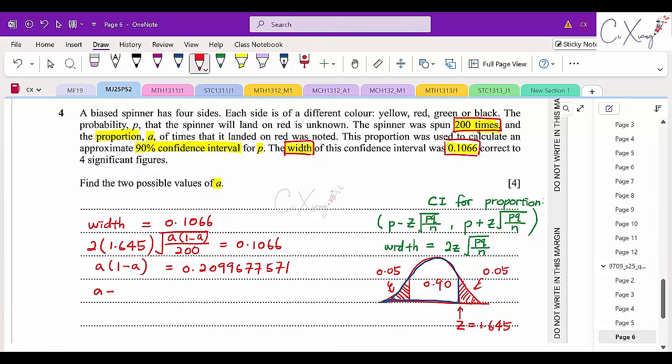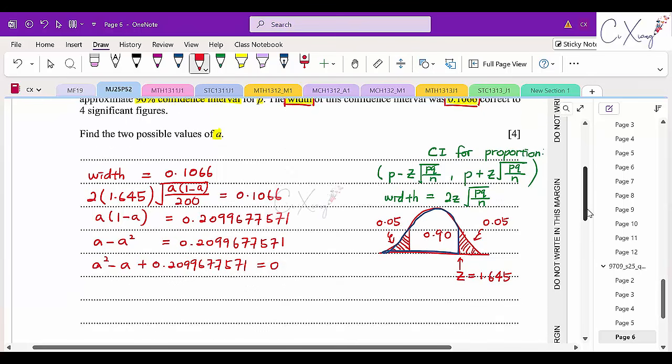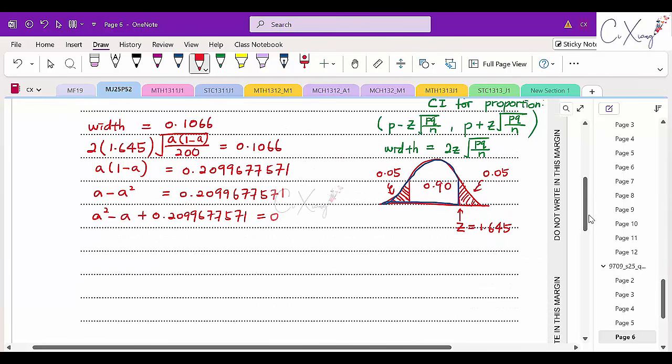And then if I try to expand the A, okay, then if you further simplify it, you can see that basically it is a quadratic equation for A. But definitely this is an equation that is impossible for us to factorize. Therefore, to get the value of A, you need to use the quadratic formula to solve it.